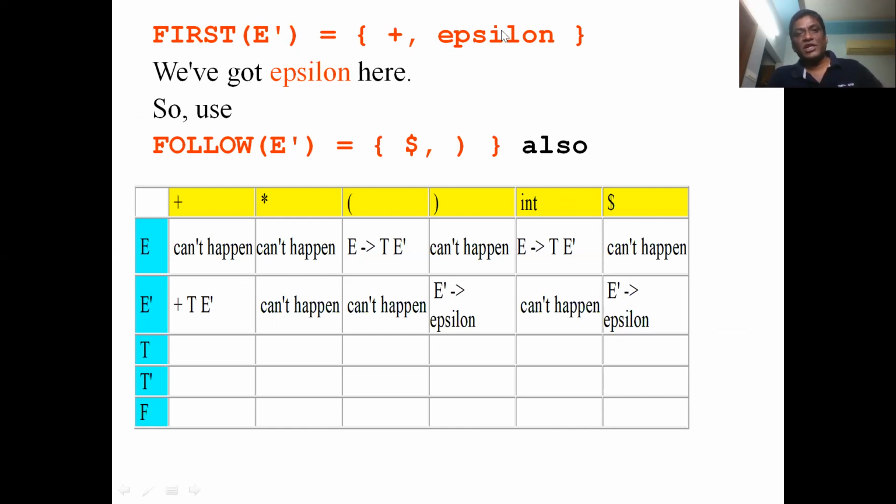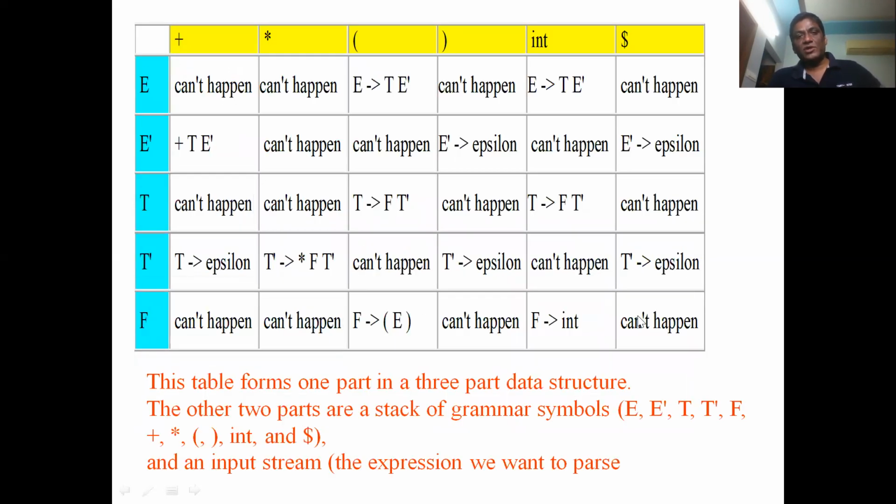If the first set contains epsilon, then consider the follow set of it. And for all the combinations of terminals with the variable, you write this production in the corresponding field: E dash implies epsilon with closed parenthesis and with dollar. Similarly, you can fill up every other field also.